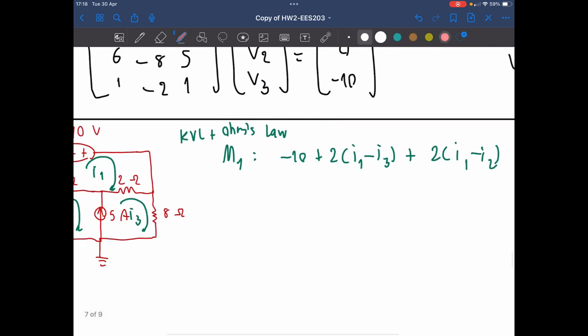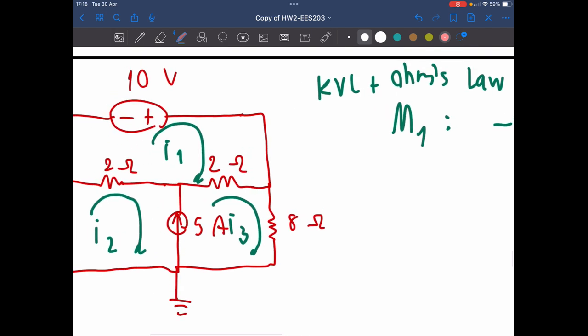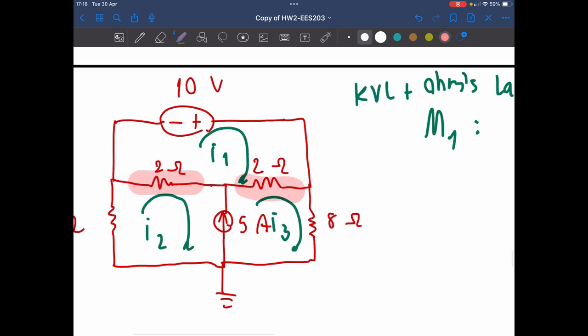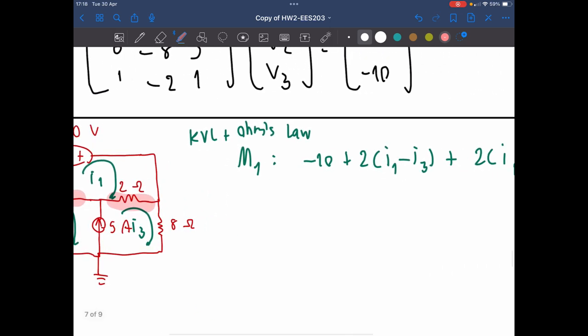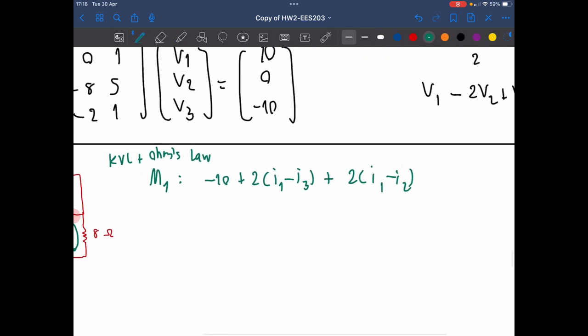If you're confused, look closely: there is a current that flows in the opposite direction at this part and this part. Let's take that into consideration. So this resolves to 2I1 minus I2 minus I3 equals 5, the first equation.